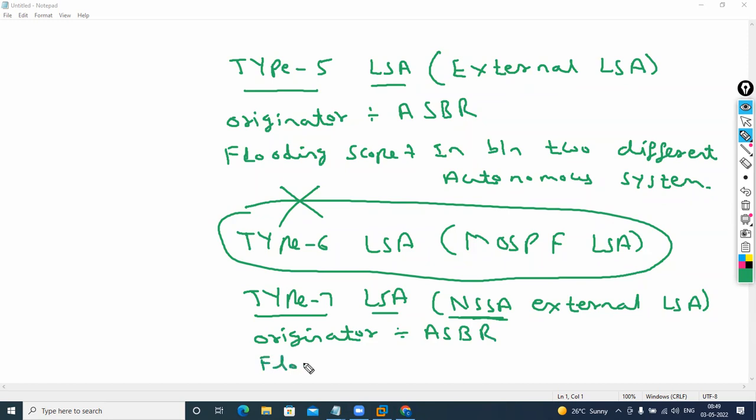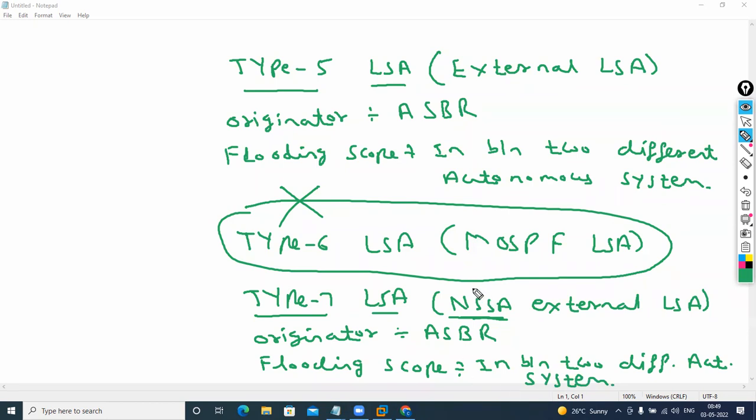What is the scope? This type 7 LSA is a special case when we use NSSA, so we'll talk about type 7 when we discuss NSSA.